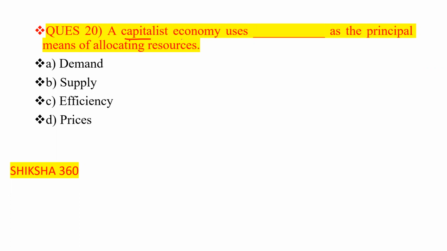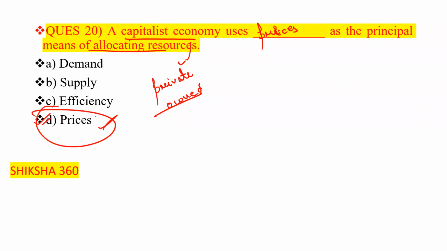That is the capitalist economy, where there are more privately owned firms. It uses prices as the principal means of allocating resources. Option number D is the answer. That is prices. Now move to the next question.